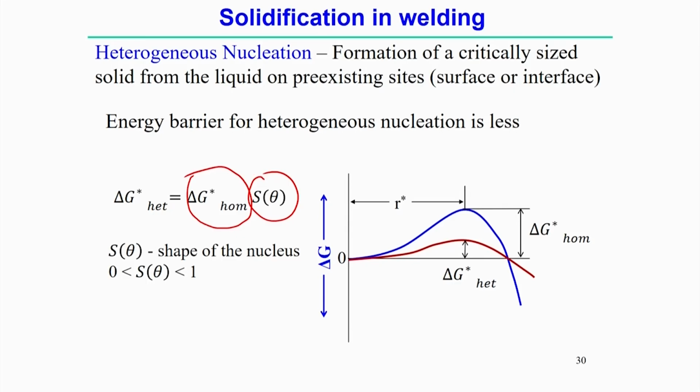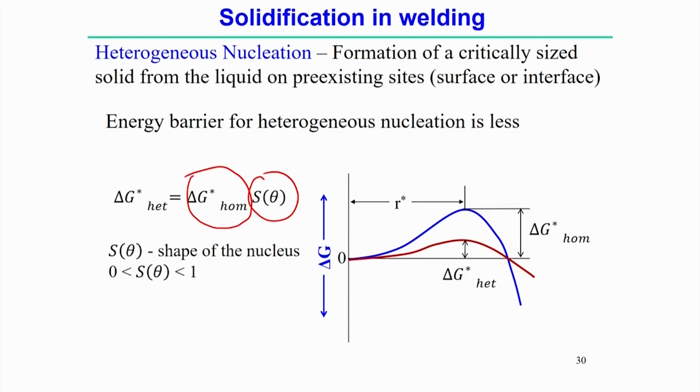That factor S intuitively depends on the size and shape of the nucleus, because when heterogeneous nucleation happens over an interface, the surface tension between this interface or surface and the liquid metal can be different compared to the surface tension of the solid metal existing within the liquid molten pool, as happens in homogeneous nucleation.